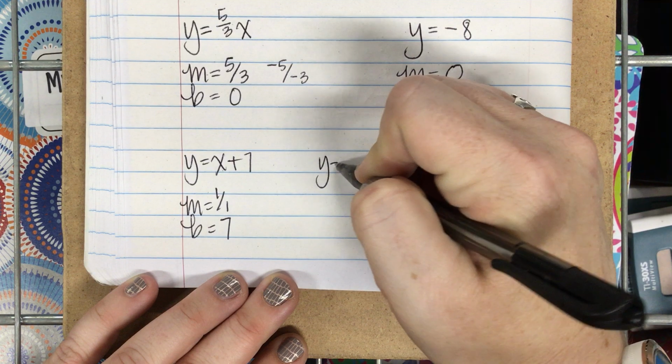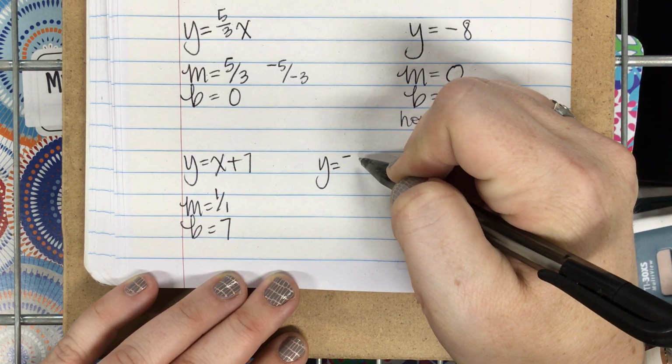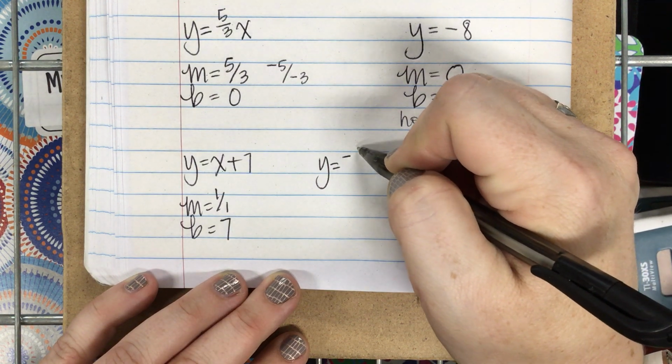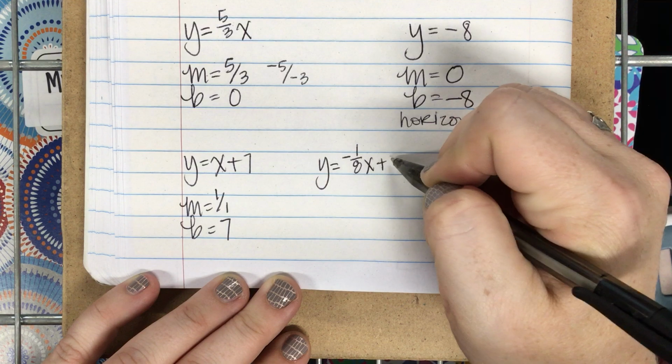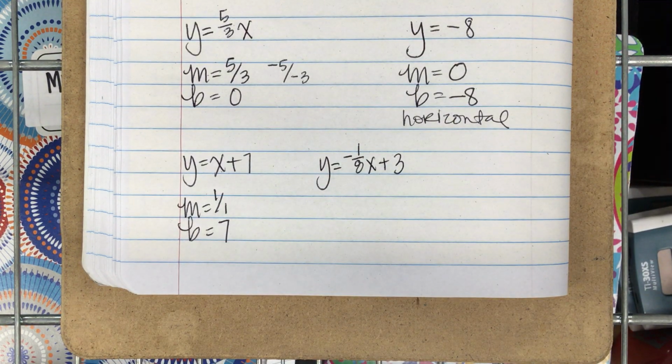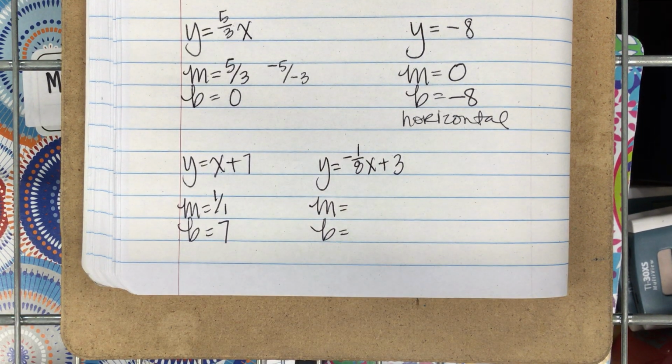2 more. What do I want to do? Y equals -1/8 x plus 3. What's my slope?